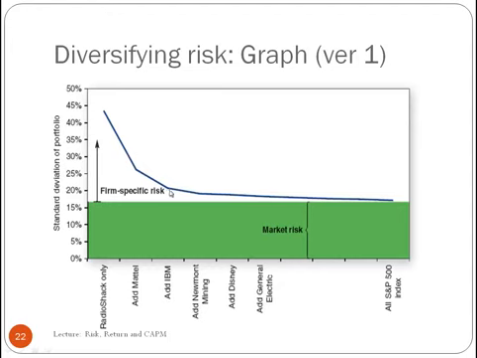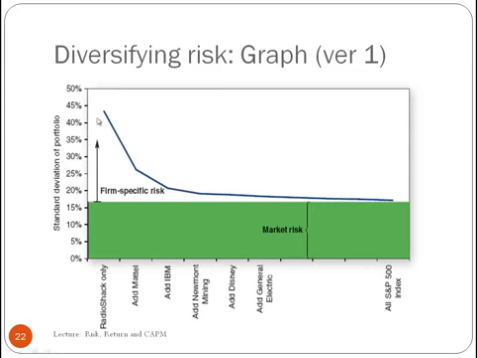As we add more and more stocks, you can see it approaching the best case scenario, which in this graph is a little bit above 15%. That's when we've added all 500 stocks in the S&P 500. So we're not really going to do a lot better than this by adding more stocks.